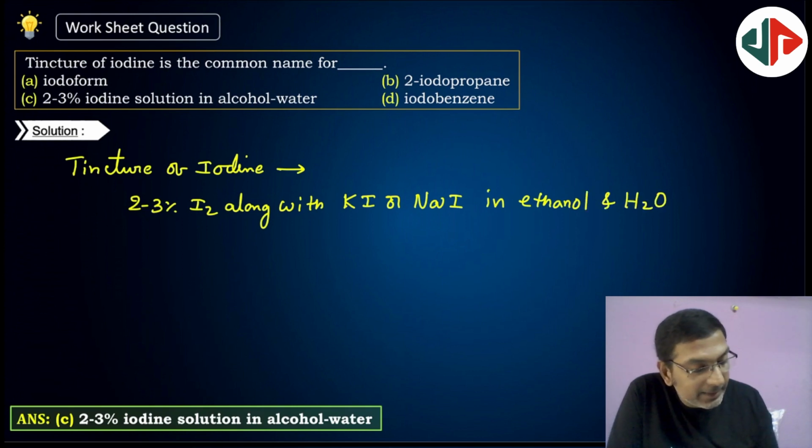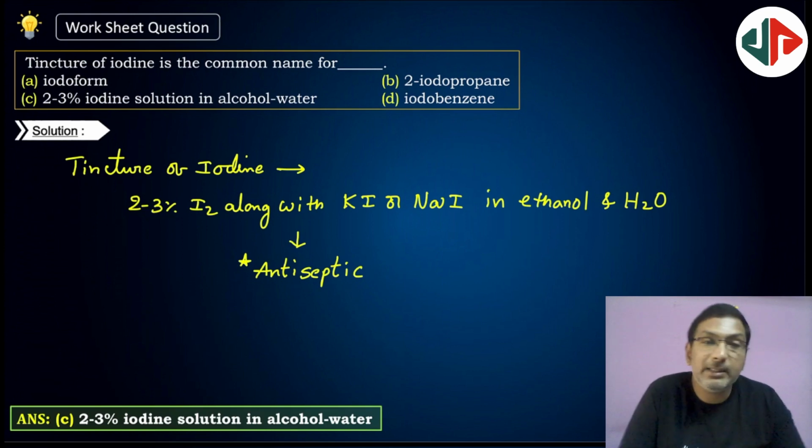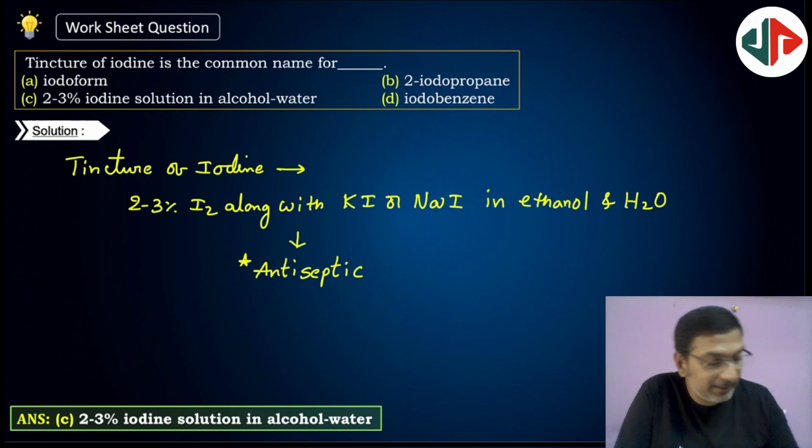So this mixture can be used as antiseptic. Antiseptic, very important. So tincture of iodine is I2 plus KI or I2 plus NaI in ethanol and water mixture. This can be used as antiseptic. Option C. Next.